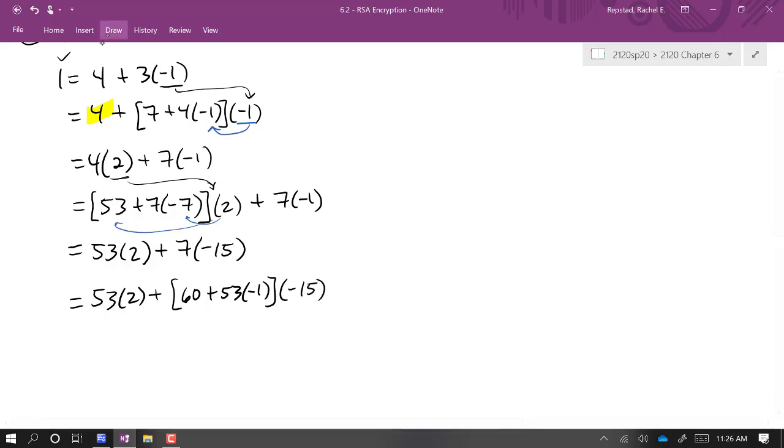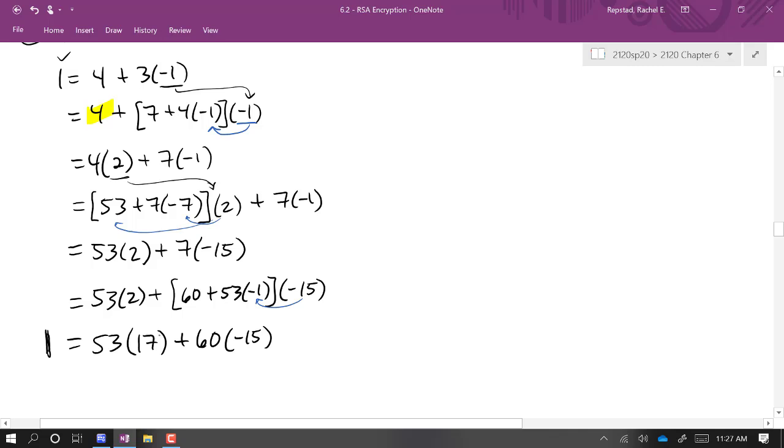I'm going to distribute that negative 15, so we have 53 times, okay, when I distribute this, that becomes positive 15, plus 2 is 17, plus 60 times negative 15. So here's the result: 1 written as a linear combination of 53 and 60.